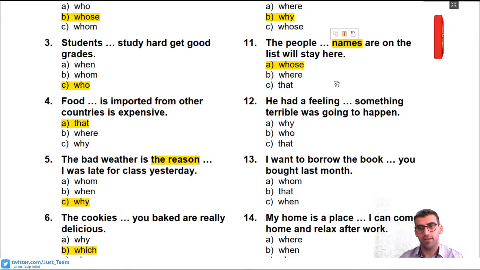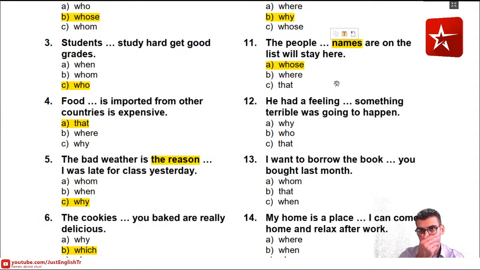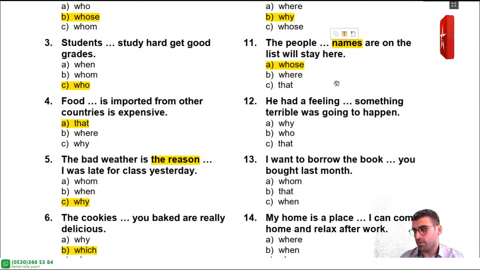He had a feeling, blah, blah, blah. Something terrible was going to happen. Number 12. Number 12. Which one is correct? Why, who, or that? Number 12.